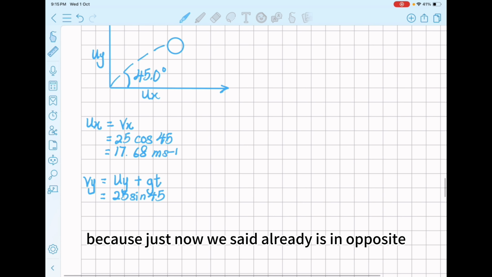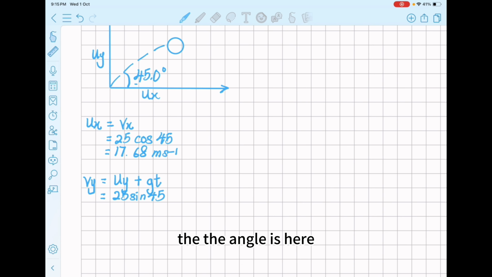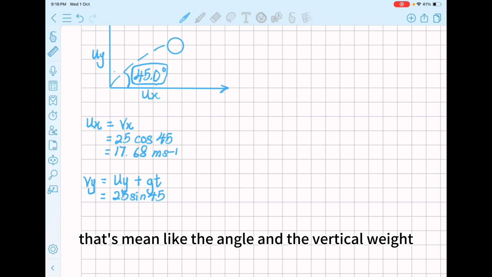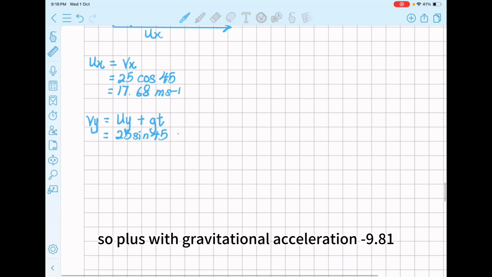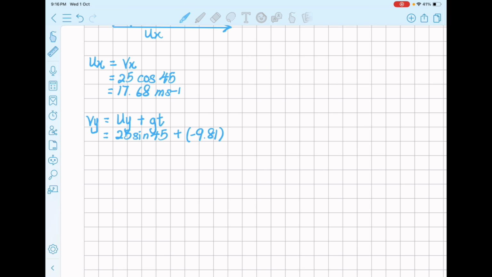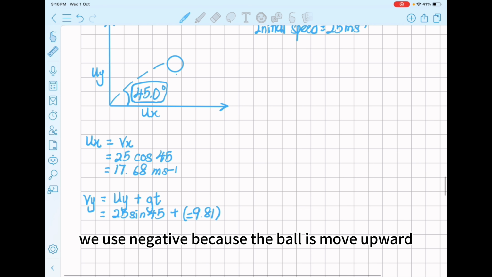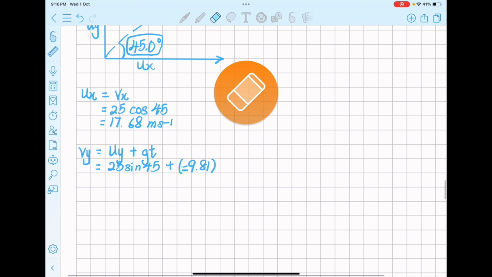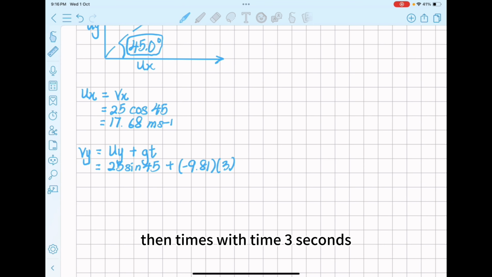We use sin because the vertical component is opposite the angle. Then plus the gravitational acceleration, negative 9.81. We use negative because the ball moves upward, which is opposite to the gravitational acceleration. Then times the time, 3 seconds. So it is equal to negative 11.75 meters per second.